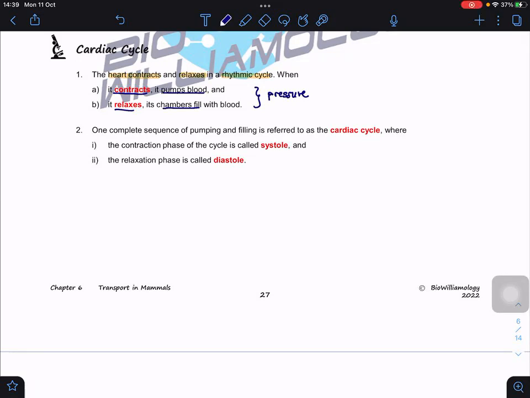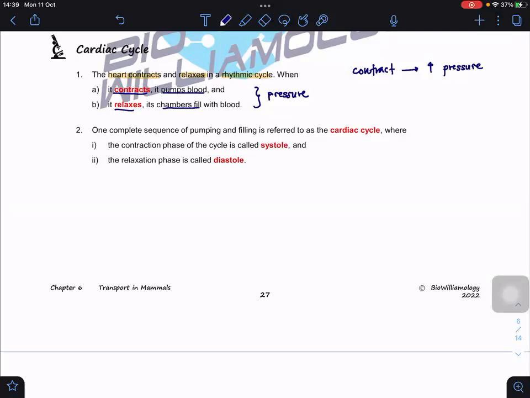So always remember, when the heart contracts, it is going to increase the pressure. Try to imagine that you have a long balloon. You press at the center and the air will move to the two sides, correct?